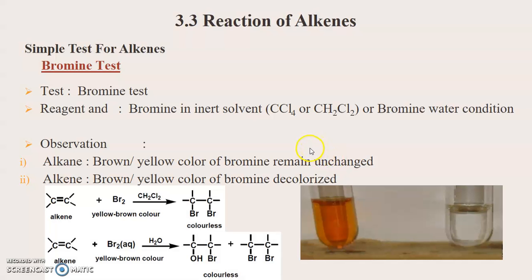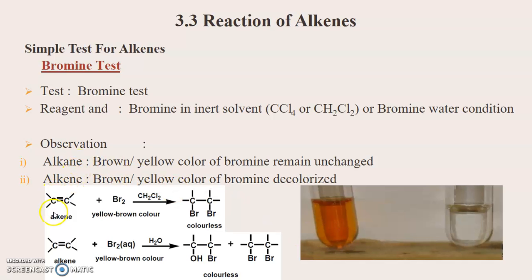Another simple test for alkenes is the bromine test. Same thing, this is actually a halogenation reaction. The reagent is bromine in an inert solvent or bromine water. The observation: if it is an alkane with no double bond, the brown or yellow bromine does not change color.